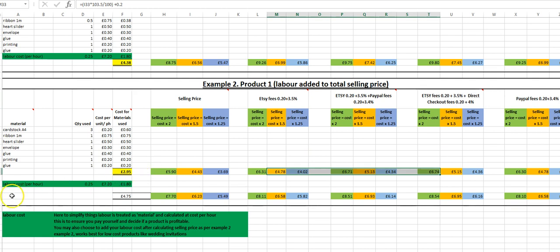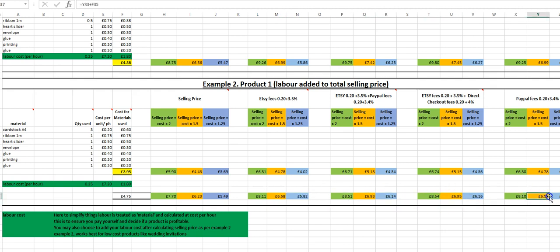So basically, without your labor cost, which is down the bottom here, this is the price you should be selling at. But if you want to pay yourself, you need to add your labor cost, because you really want to get paid, don't you? It's not business otherwise. So after your labor cost is added to this selling price, each of these is the selling price you end up with.